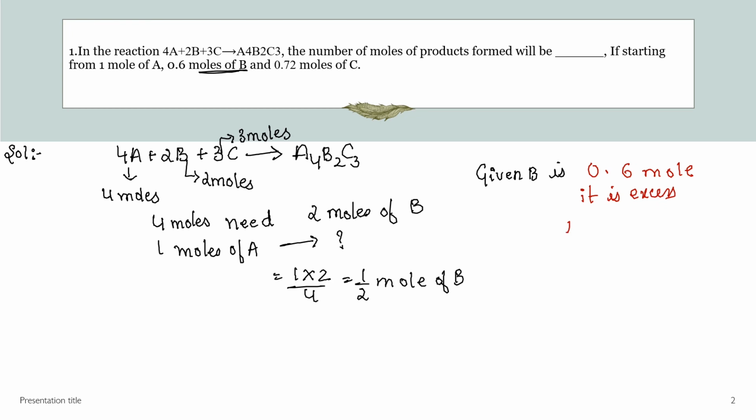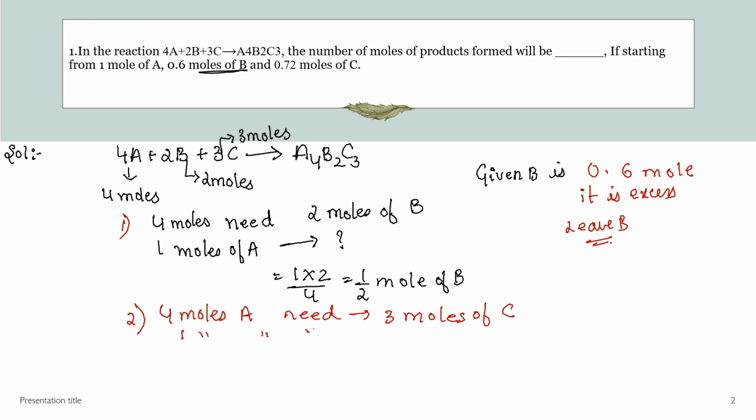So we have to leave B. Then when we come to the next part, if 4 moles of A need 3 moles of C, then how many moles of C does 1 mole of A need?